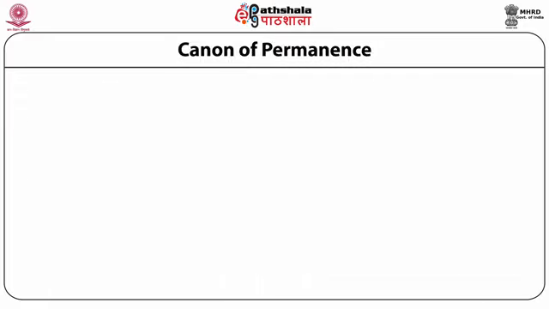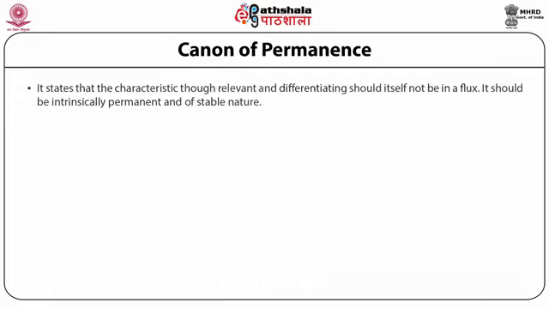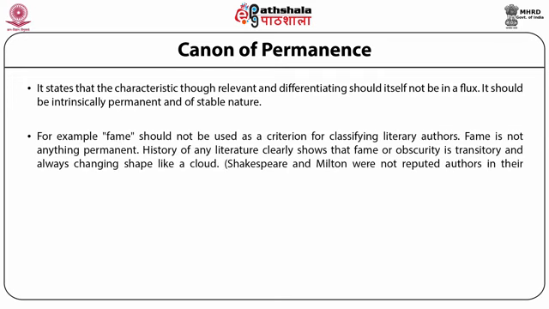Canon of permanence. This canon states that the characteristic, though relevant and differentiating, should itself not be in a flux. It should be intrinsically permanent and stable in nature. For example, fame should not be used as a criterion for classifying literary authors.